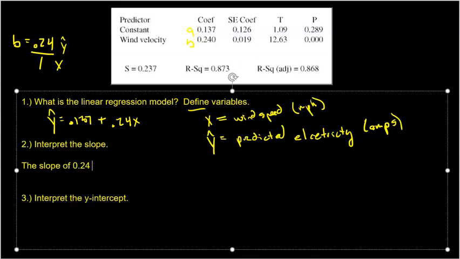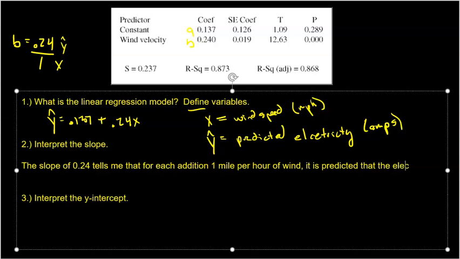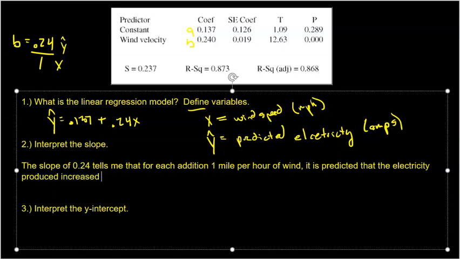The slope of 0.24 tells me that for each additional 1 mile per hour of wind, it is predicted that the electricity produced increases, because it's positive, by 0.24 amps.